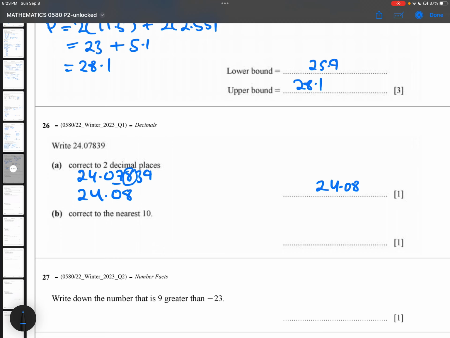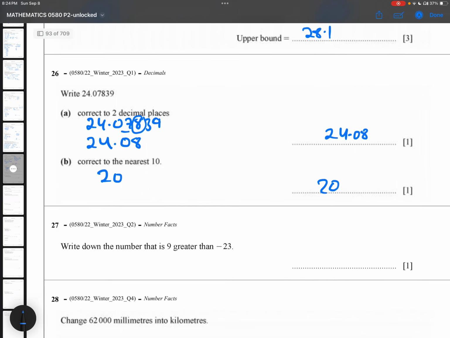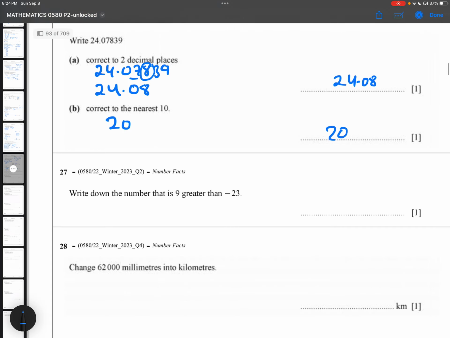From the question, we can see that it's 24.07. So correct to 10, it will be 20, right? My tens digit is 2 and the units digit is 4, which is less than 5. So it will be 20. If my units digit had been 5 or greater, it would have rounded off to 30.